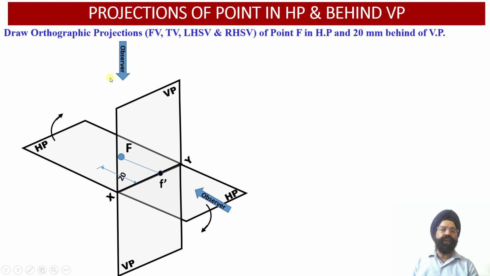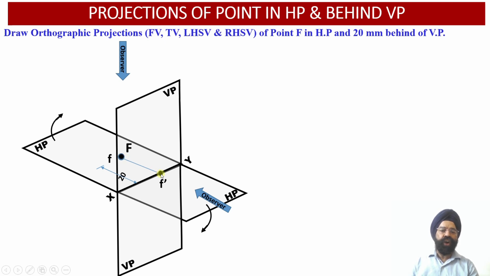Now as the observer looks at this point F from the top view orientation, we observe that the top view projection small f has coincided with the original location of the point F on the horizontal plane. Both this top view projection small f and this front view projection f dash are lying in mutually perpendicular planes.